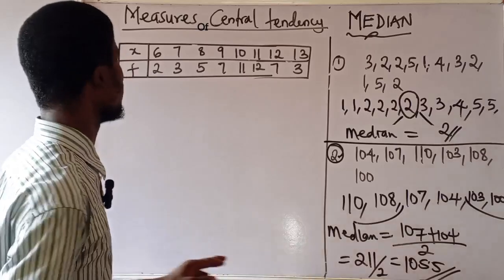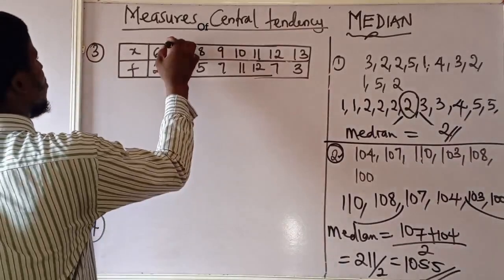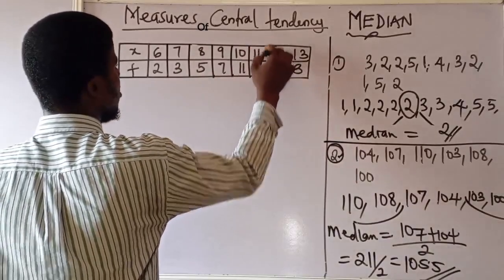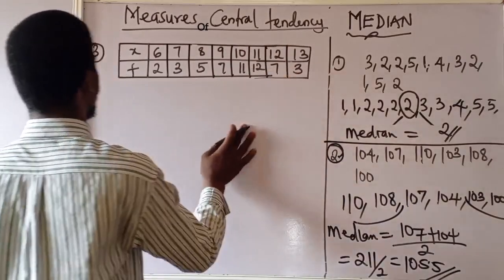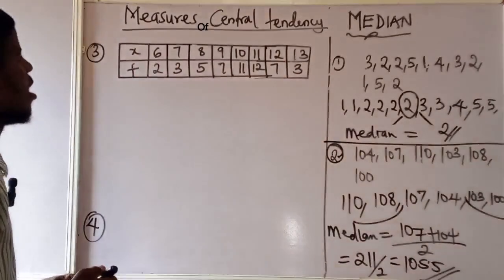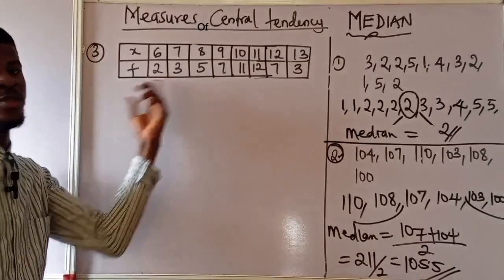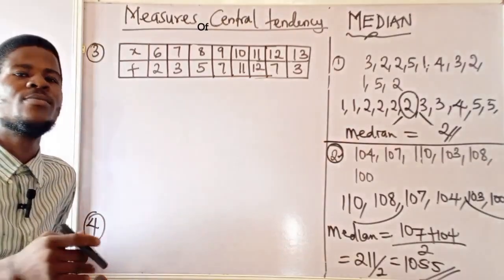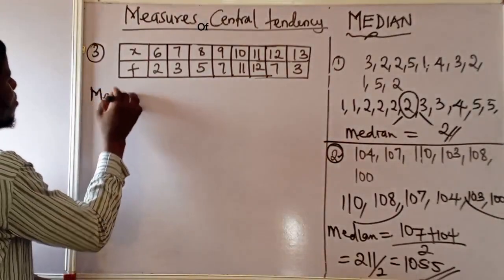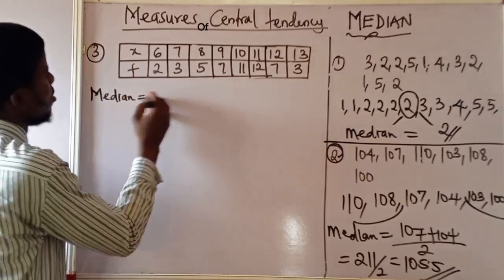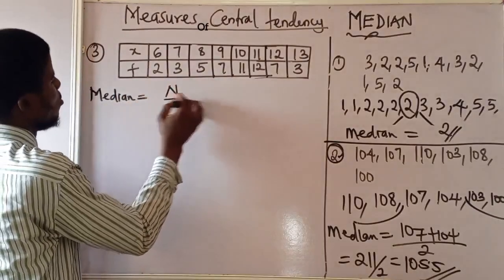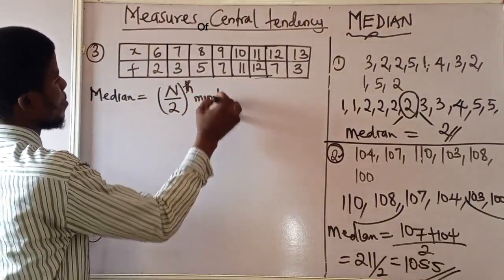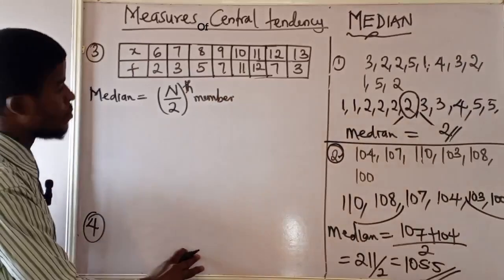Now, the median of a set of numbers with frequencies. We will have the number and the frequency. Here we have a distribution of numbers, x, and their respective frequencies. How do we determine the median of a set of numbers that have frequency? So the median is the n over 2th member of the distribution.